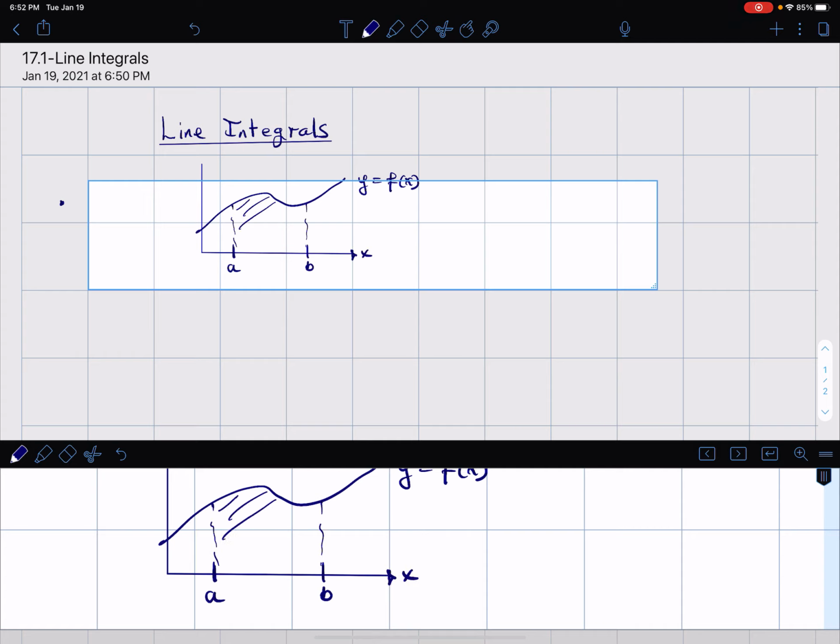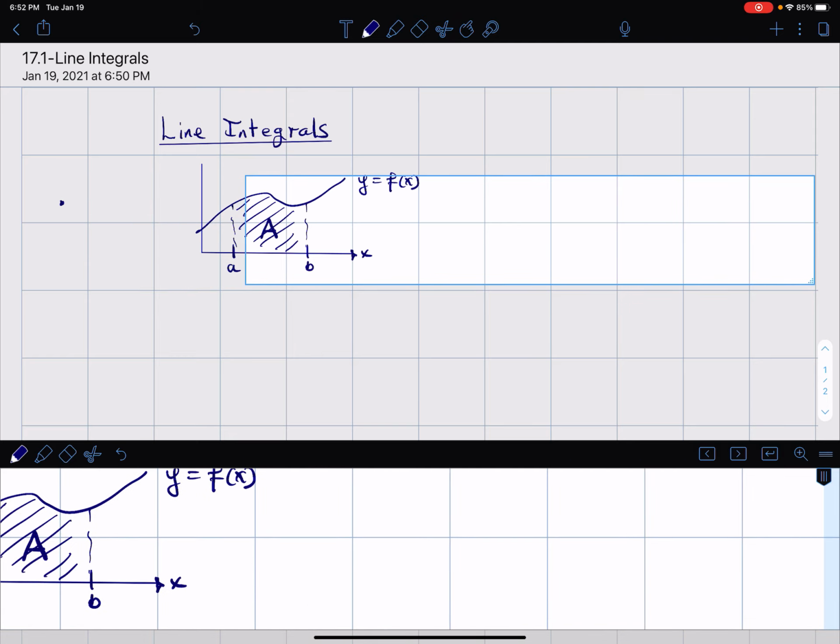So you'd like to find this area here. So it's quite clear that the integral is the integral from a to b of f of x dx.